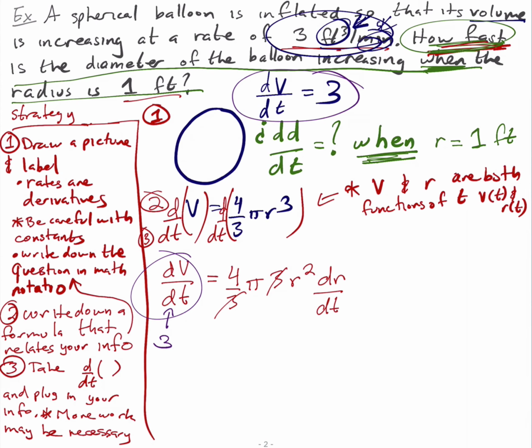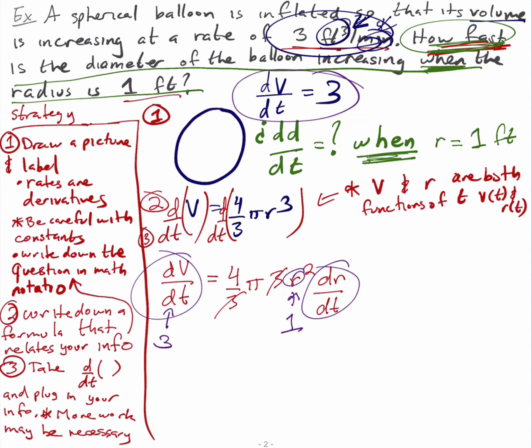What else? The radius is 1. dr over dt. Do we know what that is? Nope. R is 1, right?